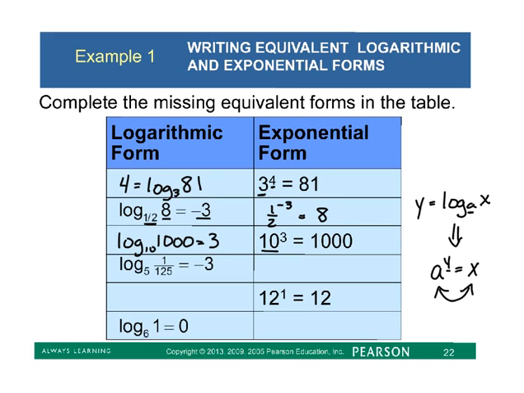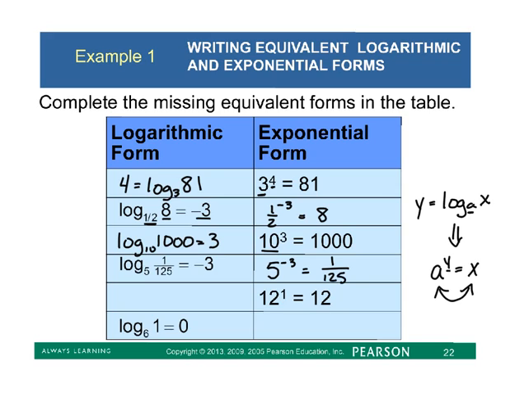So now let's do this next one. Log base 5 of 1 over 125 equals negative 3. Let's change that into its exponential form. So we're going to say 5 to the negative 3 equals 1 over 125.